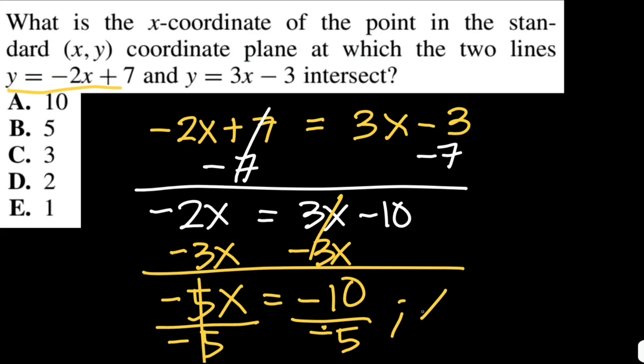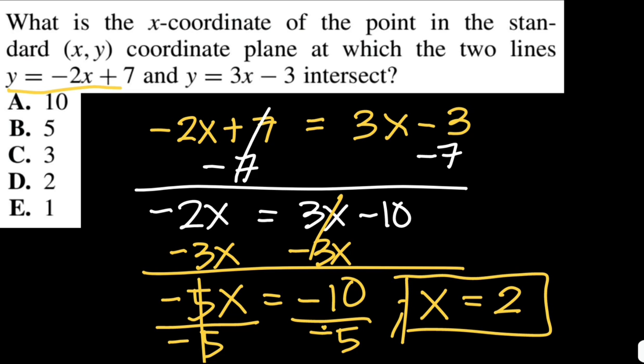Then our x is just equal to negative 10 divided by negative 5, which is just 2. So the value of x here is equal to 2, and that is the x-coordinate of the point at which the two lines intersect. Therefore, the answer here is letter D.